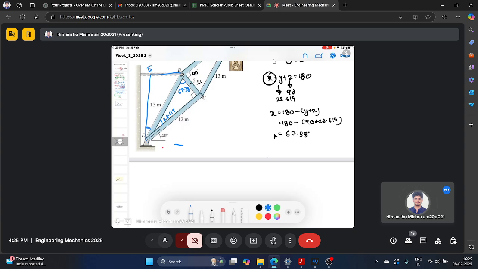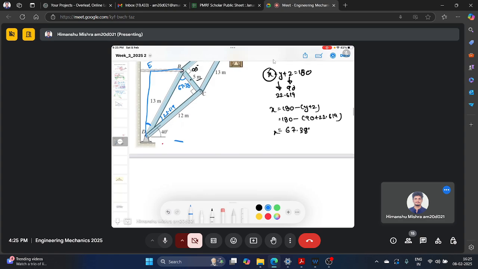Let's say this is E, this is B, this is D. We are already given this angle 40. We already calculated this angle, which is 22.619, and we want this. Let's say this is theta. We want to find theta.